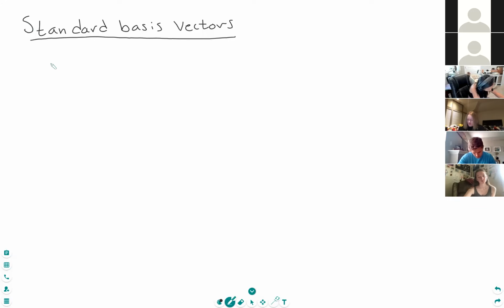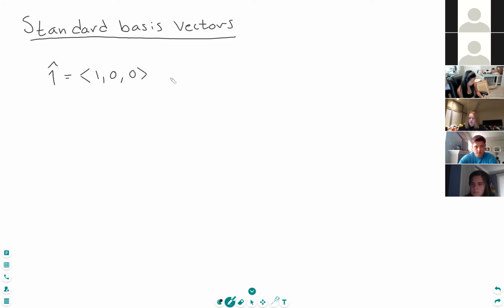vectors for R3 are any three vectors that allow us to write any vector in R3 as a sum of these three. They actually don't even need to be orthogonal. But we can use a common set of three vectors, and we're going to call these i hat, which is 1, 0, 0.